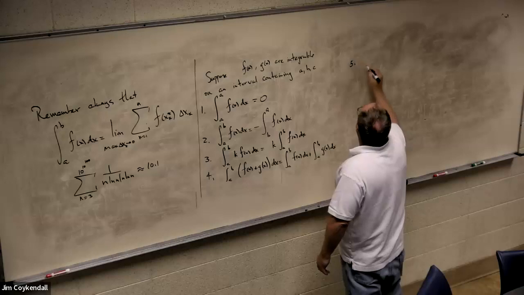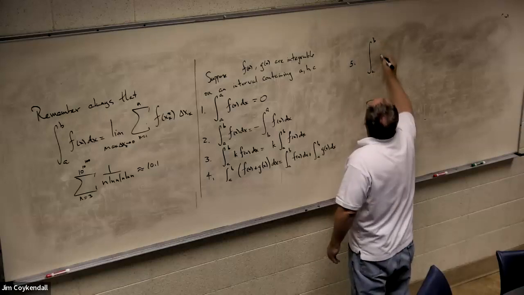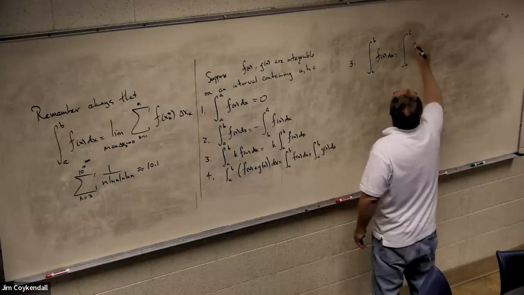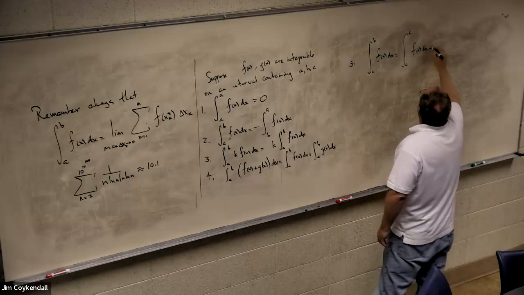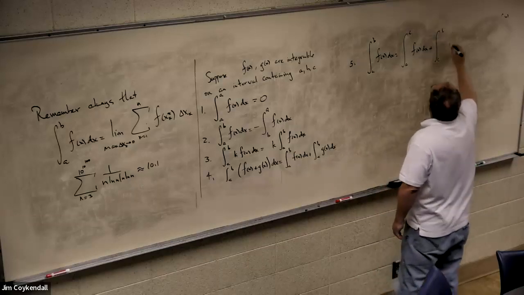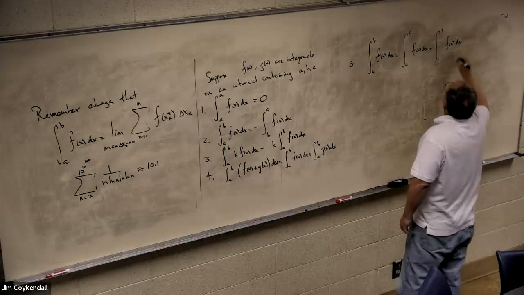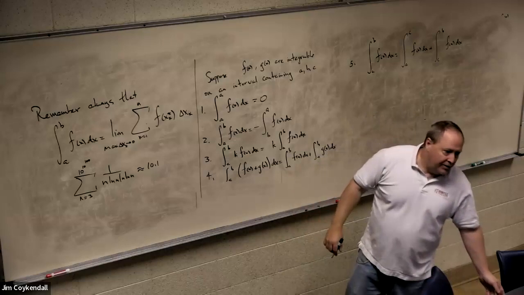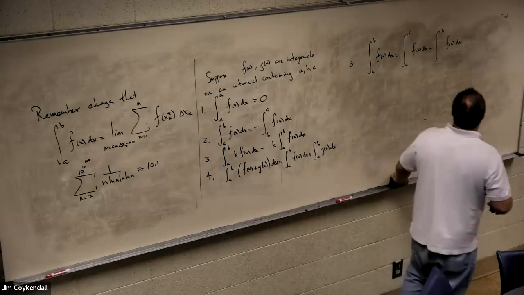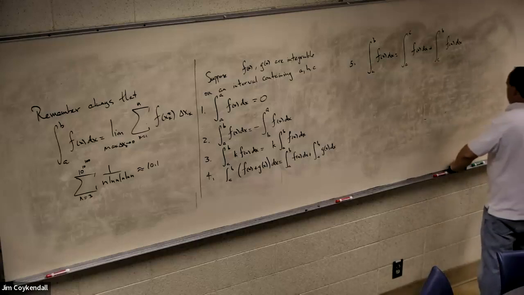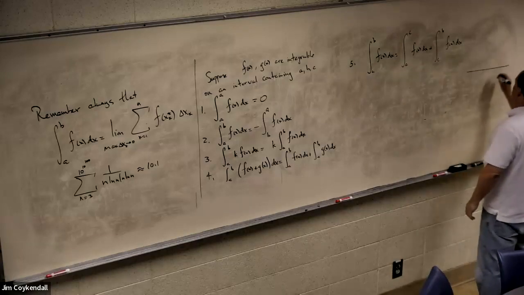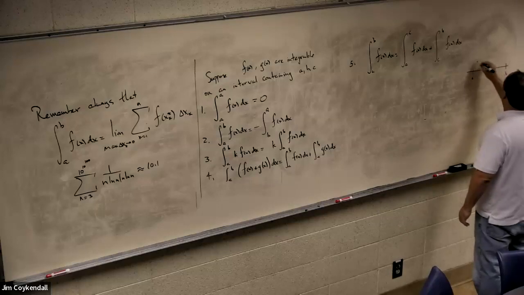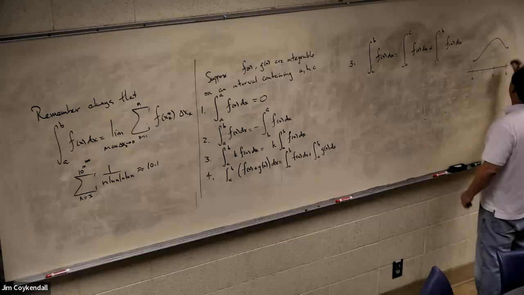Number 5. The integral from a to b of f of x is the integral from a to c plus the integral from c to b. Now, if I draw you a picture of this, it isn't a proof, but intuitively, here's what this theorem says.